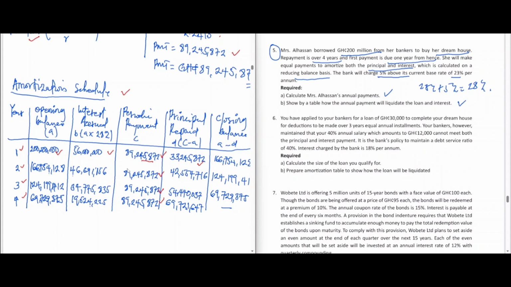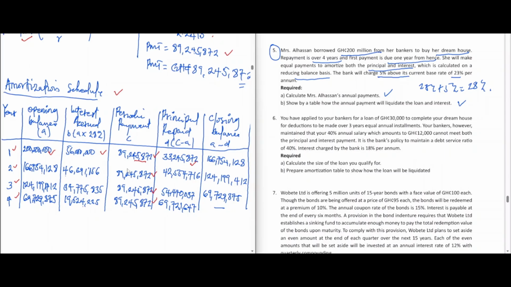So the opening balance of 200 million minus principal repaid of 33,245,872 gives 166,754,128. So this amount, 166.7 million, will now be the opening balance at the beginning of year 2.